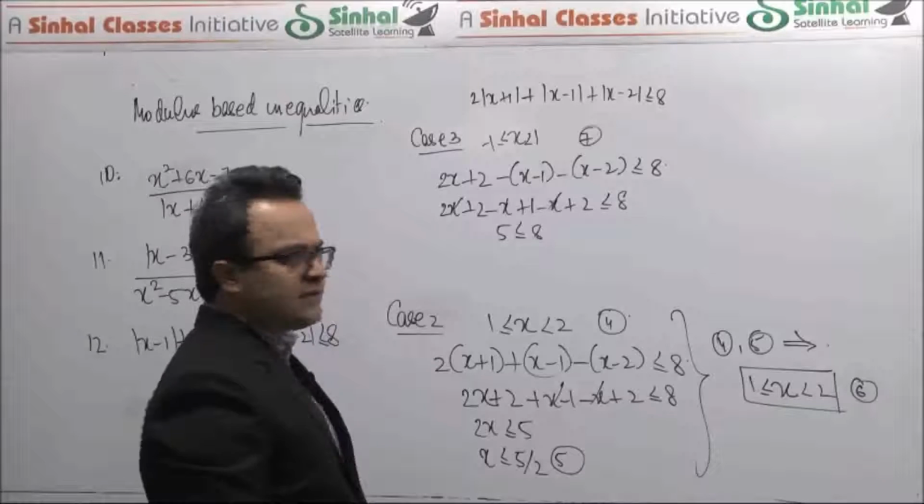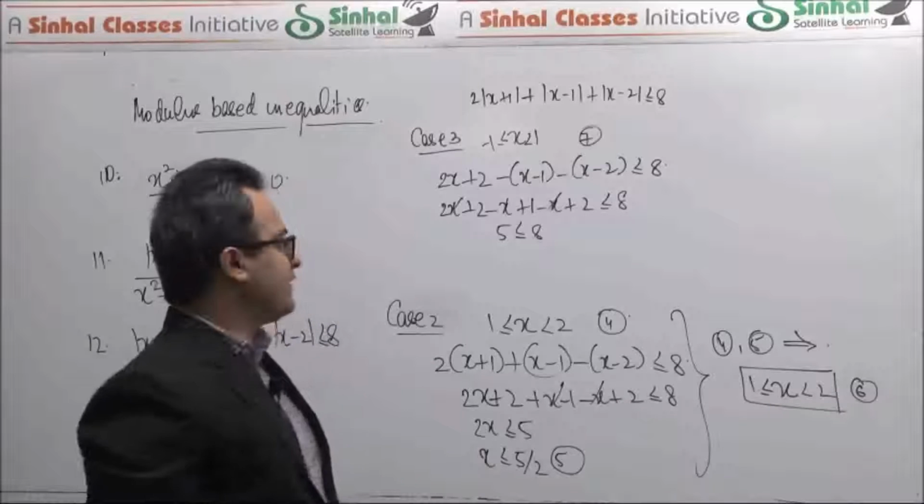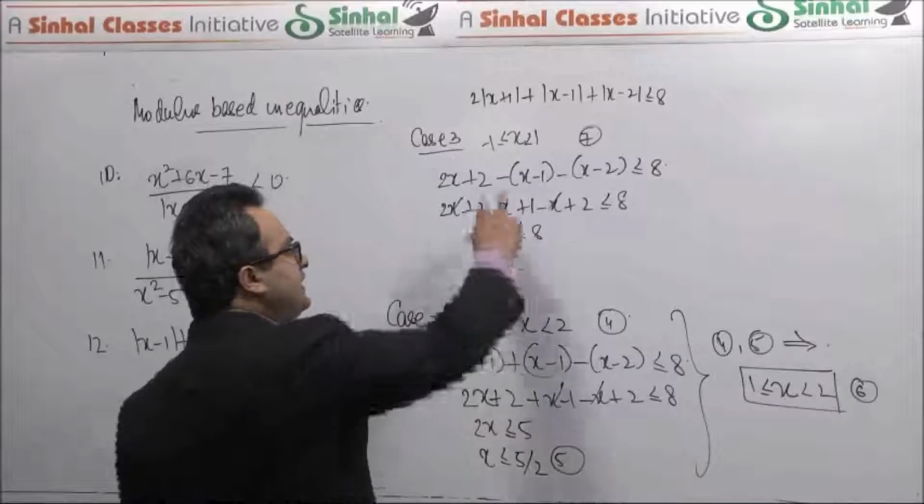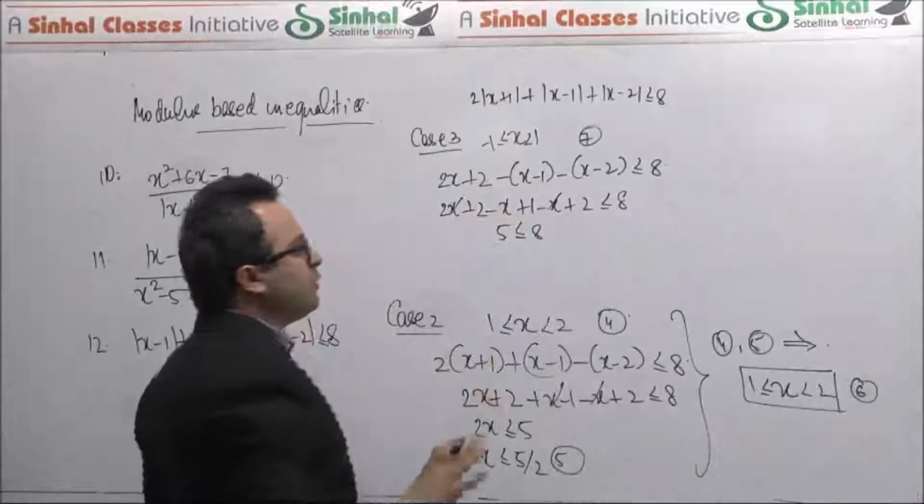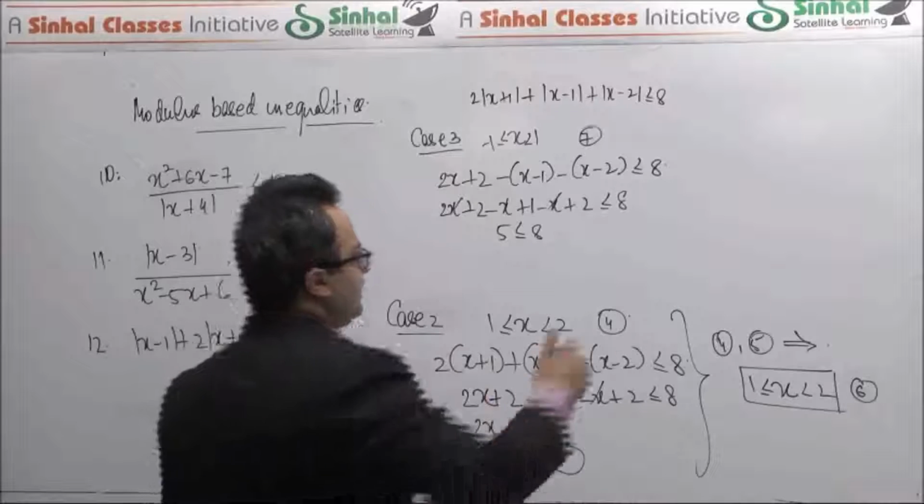So 5 is obviously less than 8. So this is true for all values of x, which effectively means that all values of x between -1 to 1 are part of the solution set.